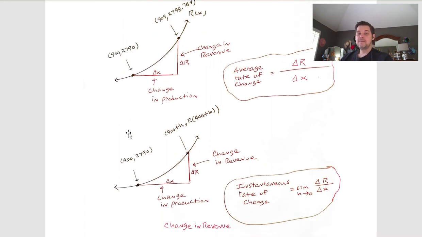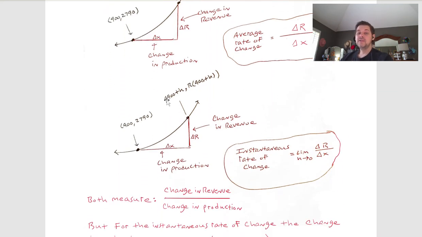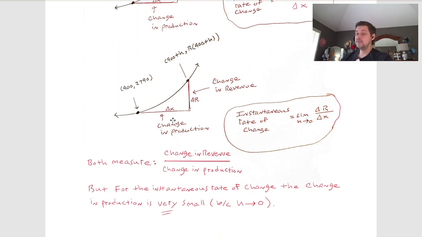Now, the instantaneous rate of change is really the same thing, right? I mean, I said that much. It's just that there's this limit. And what that limit does is take that initial given point and then have another point that is somewhere a little bit further down.